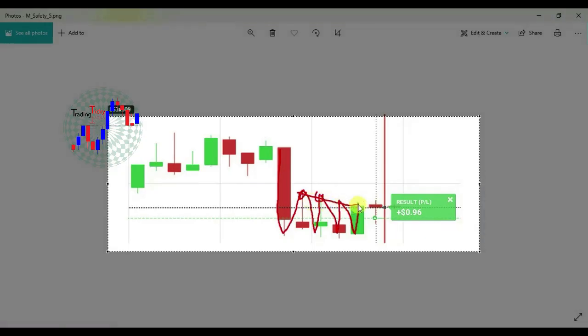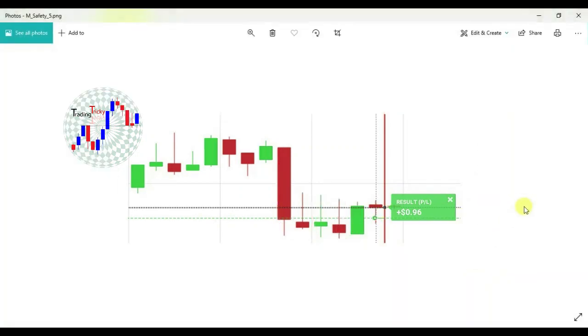sellers' area now. So there is more chance to enter sellers, but after trying several times I can see strong buyers' entry. That's the reason I don't want to go with sellers. Rather, I waited for the candle to come a little back, then I placed the trade here, and this is a winning trade.